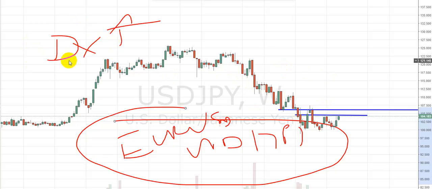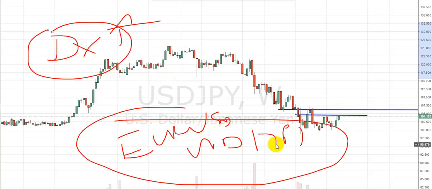And the dollar index rally depends on how fast, how quick the bulls here are going to be able to break to the upside.